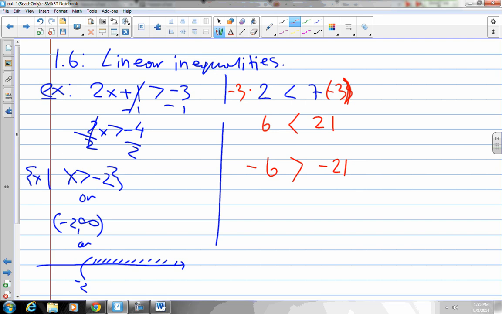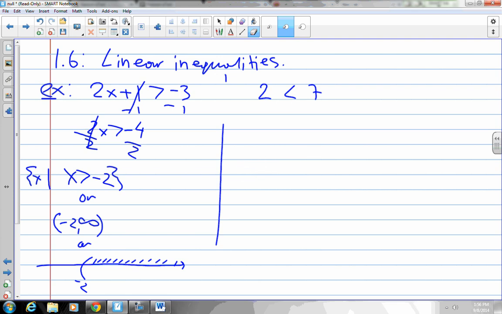Now, multiplication is the same as division, so the same goes for dividing by negatives. I kind of chose ugly numbers, but let's just divide both by a negative. What's your favorite negative number? -5, right? So we have -2/5 and -7/5.